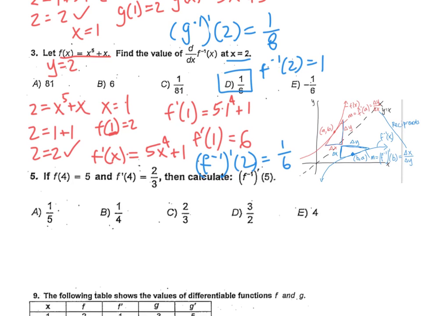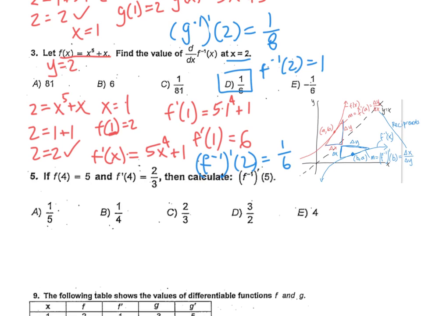Okay, let's take a look at number 5. And this is saying that if f of 4 is equal to 5 and f prime of 4 is equal to 2/3, then what's the derivative of my inverse at x equals 5?